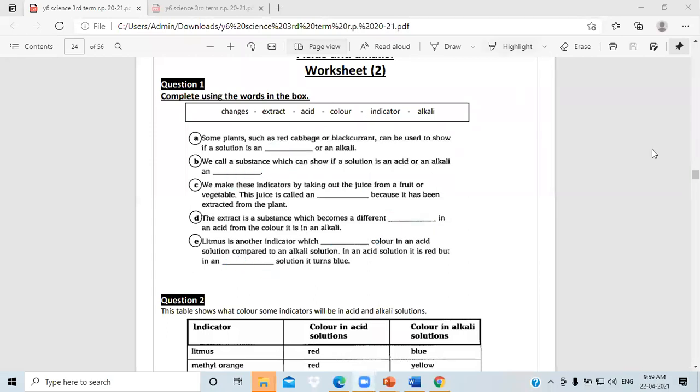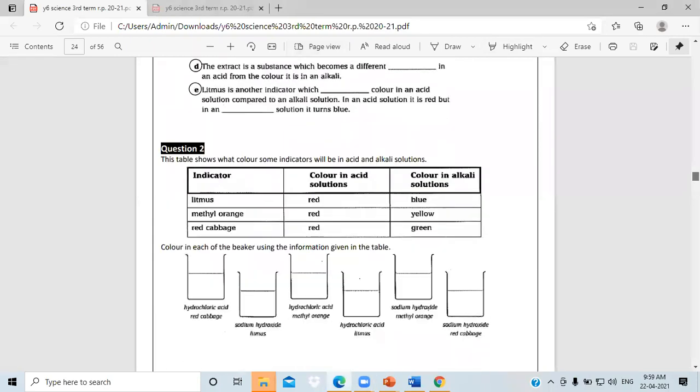Let's go to question number 2. This is where we're going to use the color. Now we have this table, and this table shows us the changes that happen to those indicators when they react with an acid or an alkali. The litmus turns red with acid and blue with alkali.